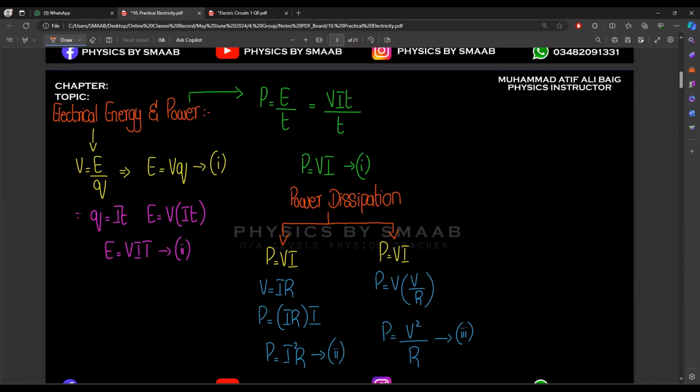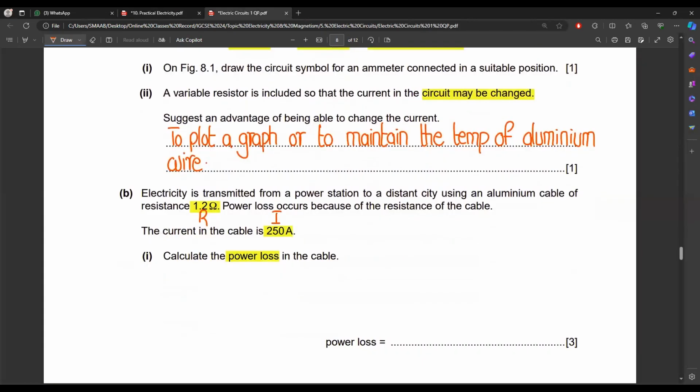Like here we discussed P is equal to I squared R. Or if you don't remember the exact formula, you can also do P is equal to VI and then use the concept of V is equal to IR within the question, right? So it is not compulsory to mention the direct formula.